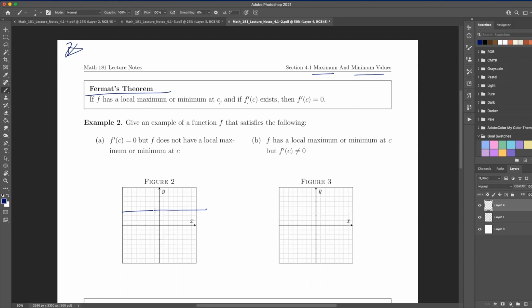If I put a point on this line, notice that here the derivative is 0, because the slope here is 0, but I don't have a local maximum because no point on this is above or below every other point, right? It's just not. And so here I can have f prime of c equal to 0.